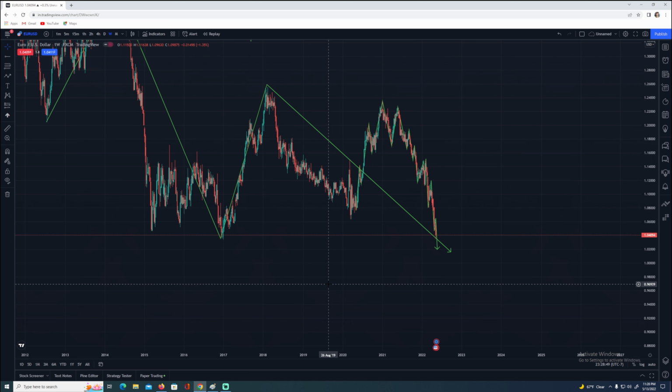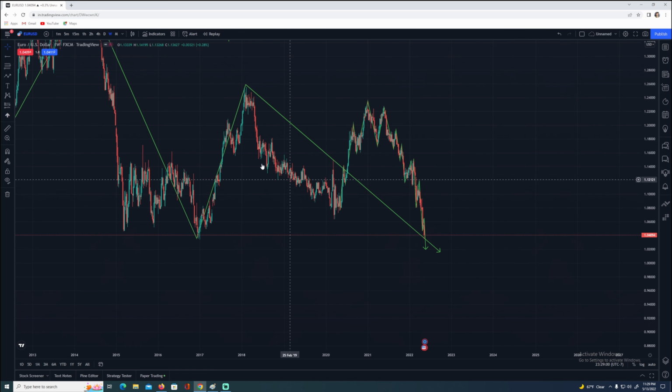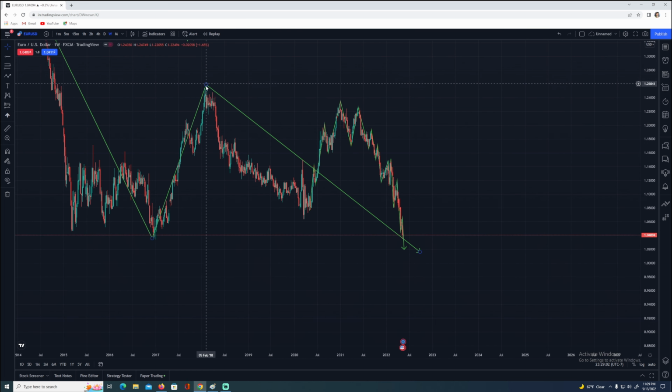Now in the next video, we're going to be talking about fractals, the fractality of the market. We kind of touched the surface right now by showing you that within this weekly leg, we have this other inner daily structure.